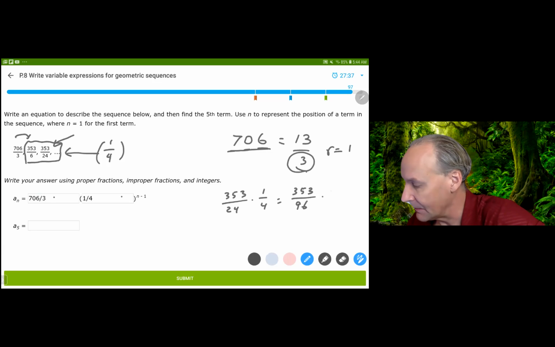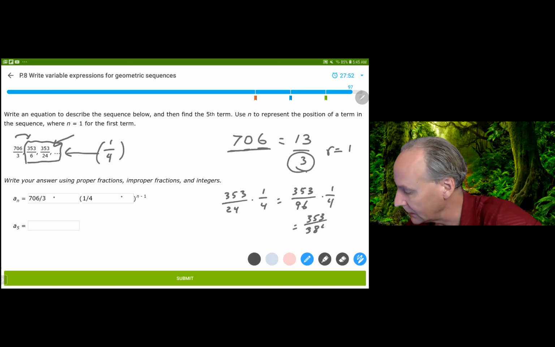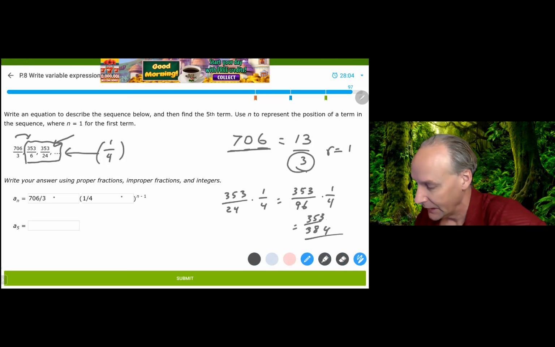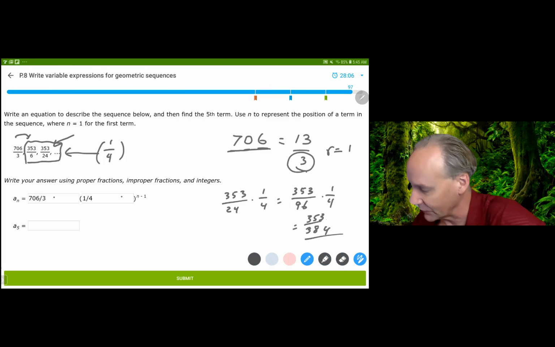And then we're going to multiply by 1/4 again, which is going to give us 353 over, no, it's 384. Sorry, I can't multiply today. My brain isn't working real well. I'm trying to subtract 16 without having a major problem here. Anyway, 96 times 4 is 384.